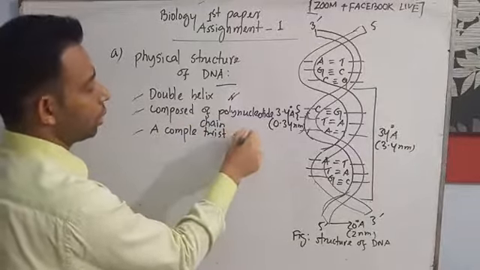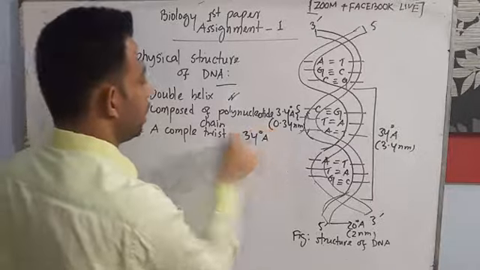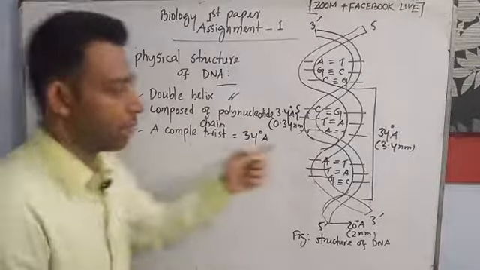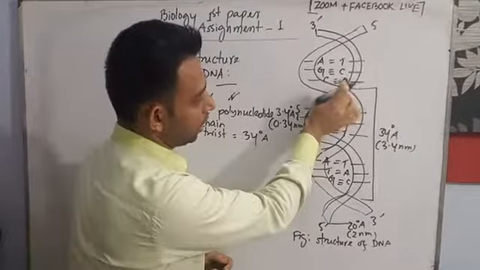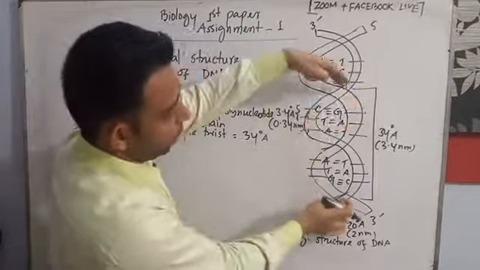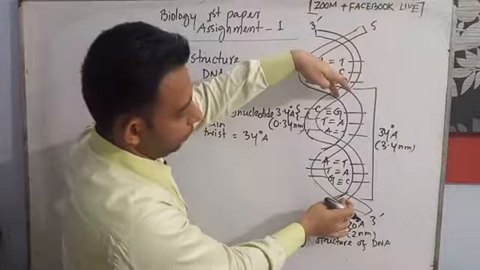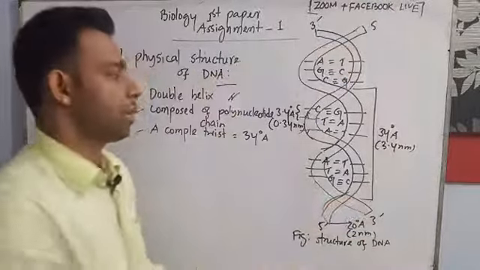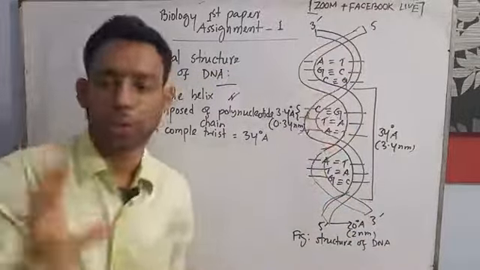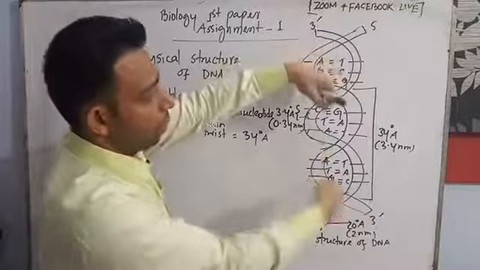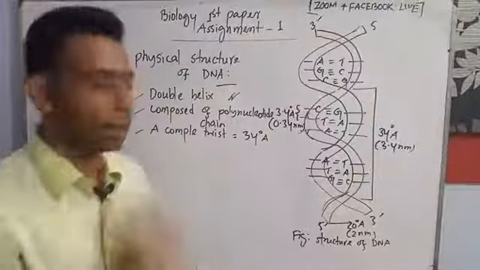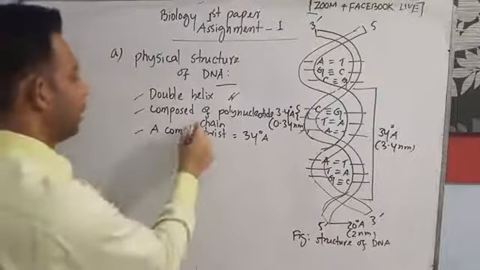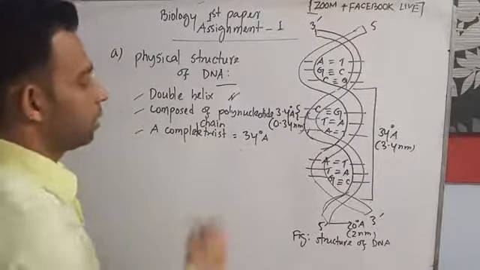Look here: if I cut this part from here and this part from there and bind them together, that is a complete twist. Some students think this is a complete twist. No, this is not. This part and this part, when we bind them together, that is a complete twist, a full circle. A complete twist is 34 angstrom.